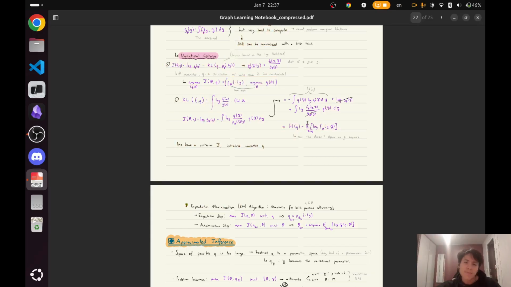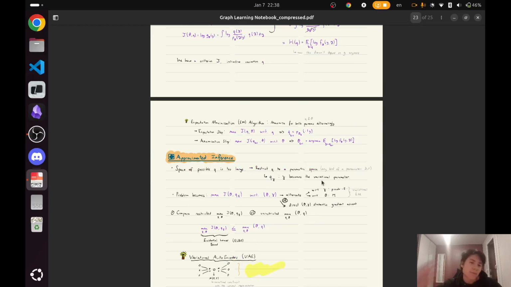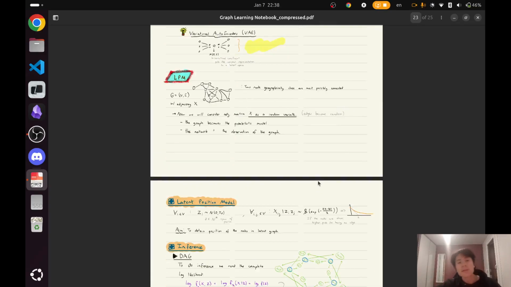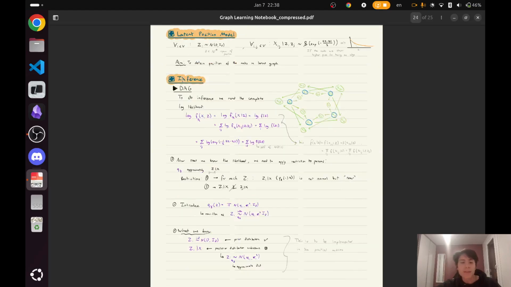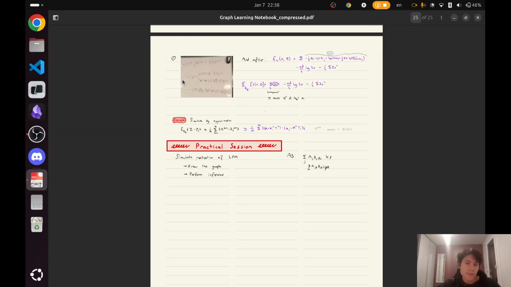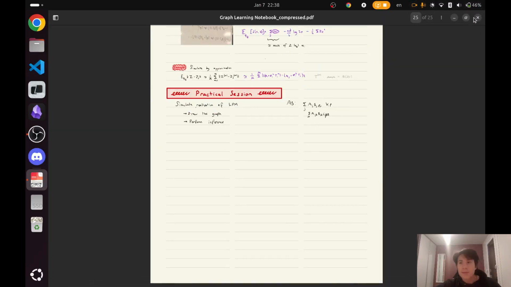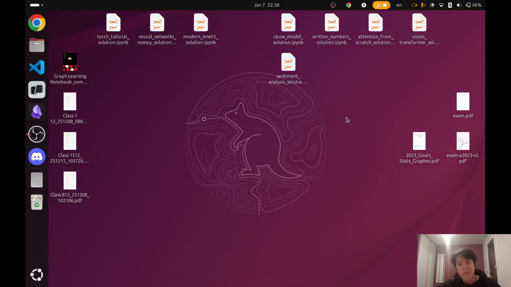You first have to initialize the probabilities, then you compute the expectation, and then you maximize, and so on. You repeat this process. And then there are latent positional models, and then latent block models, and I mean there are so many things. But yeah, this is the summary.